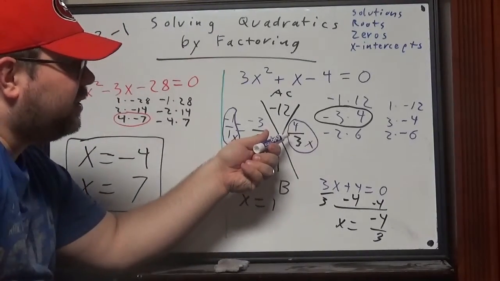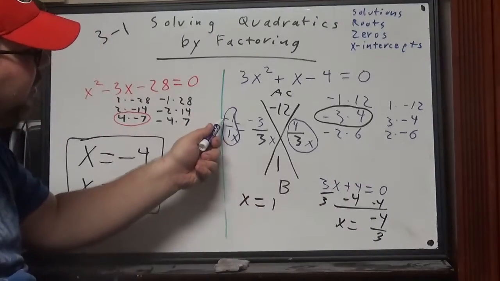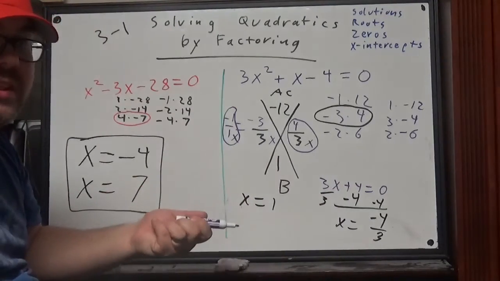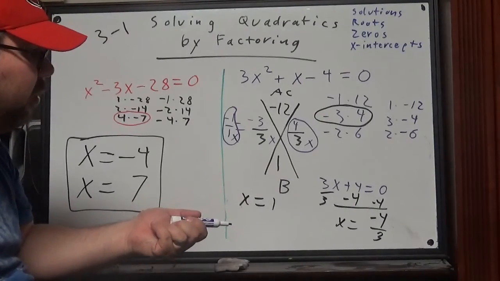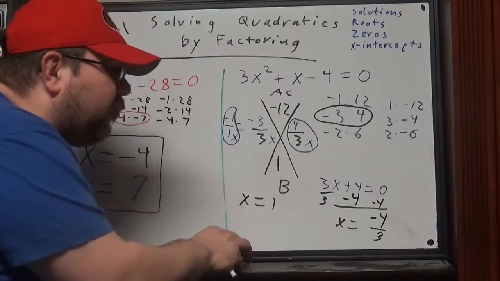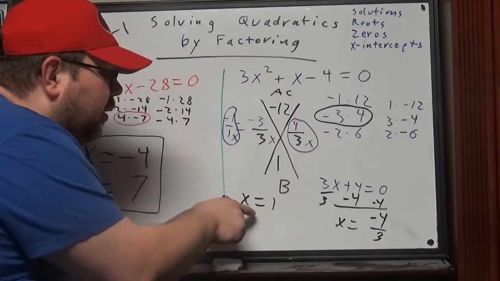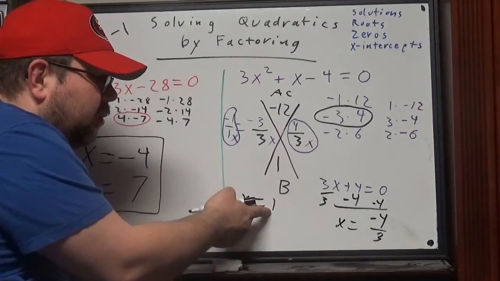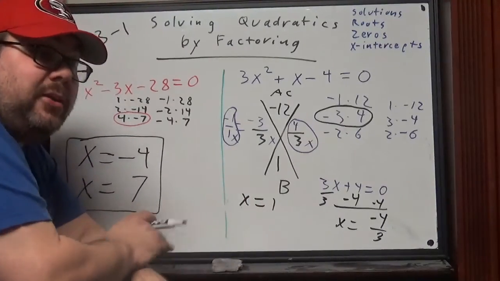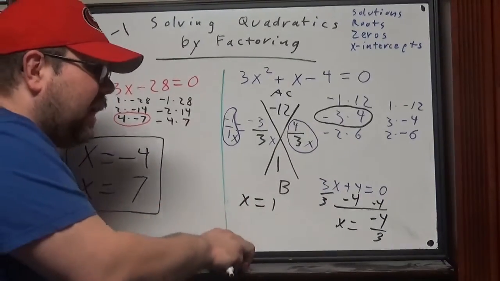Well, do you notice this, that positive 1, negative 1 over 1, what does that simplify to? Negative 1, right? It just simplifies to negative 1. We flip the sign of negative 1, we get positive 1. I didn't need to solve any equation. I didn't have to do that.